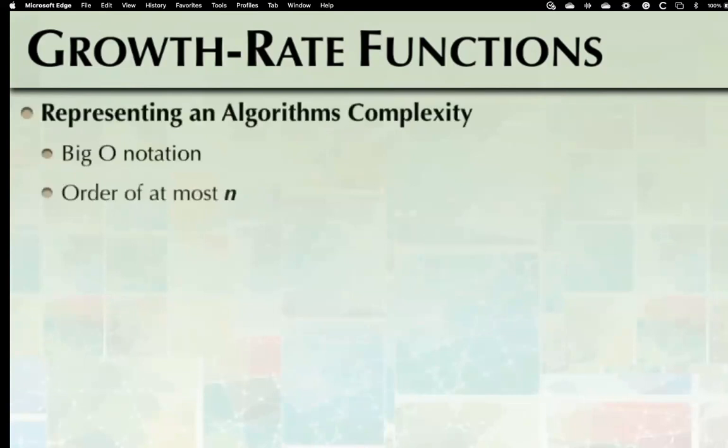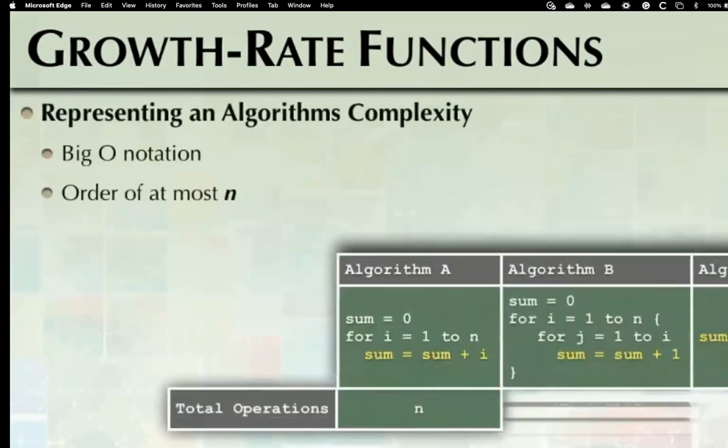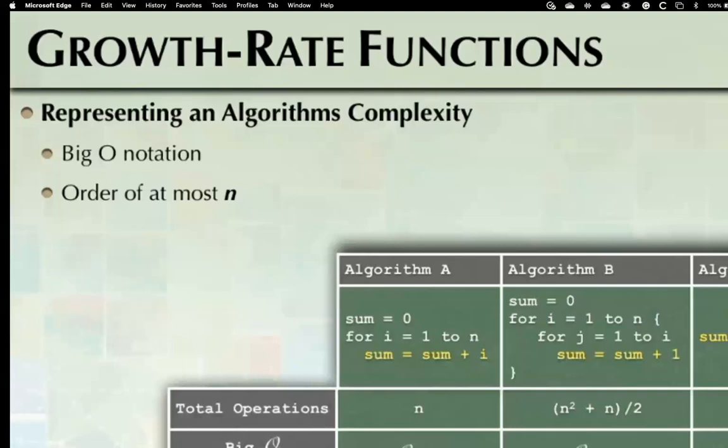Computer scientists use a notation representing algorithms' complexity. For example, consider the algorithms A, B, and C, and the number of basic operations that each requires is shown here. Instead of saying that algorithm A has a time requirement proportional to n, we say that A is of order at most n. We call this notation big O since it uses the capital letter O. We read O of n as either big O of n or order of at most n.